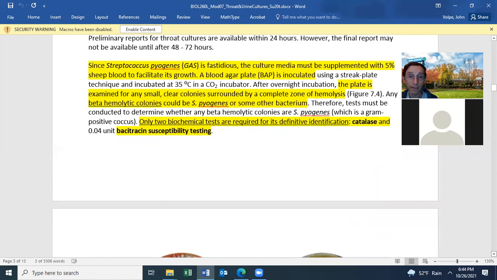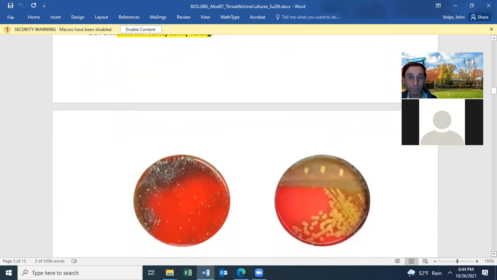Streptococcus pyogenes is fastidious, so it has to be grown on blood agar plate or BAP, and that's simply tryptic soy agar supplemented with 5% sheep's blood. Then you examine the plate for small, clear colonies that have beta hemolysis.